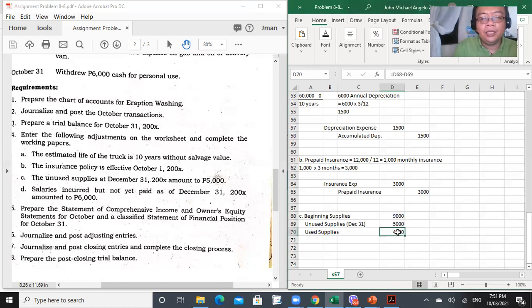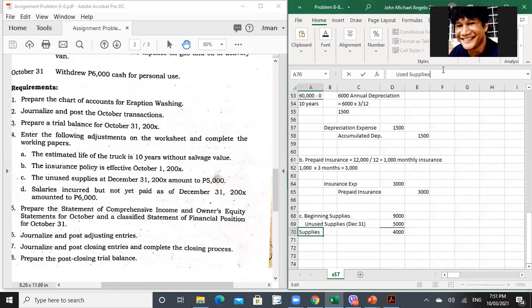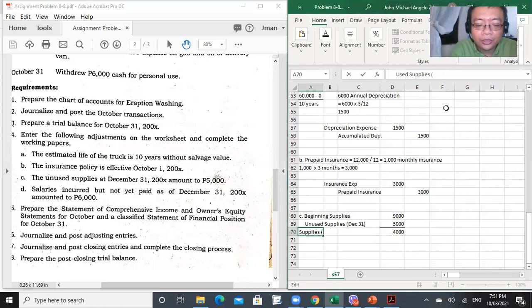By the way, again, our discussion last meeting: when an asset is now used or consumed, it is now called what? Anyone? Expense. It is now an expense, sir. Very good. It is now part of your expense.